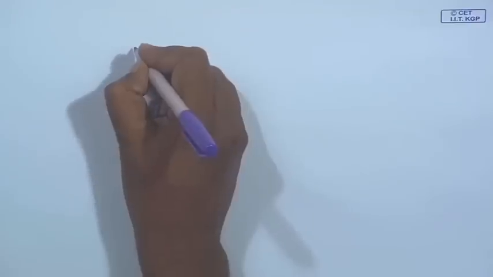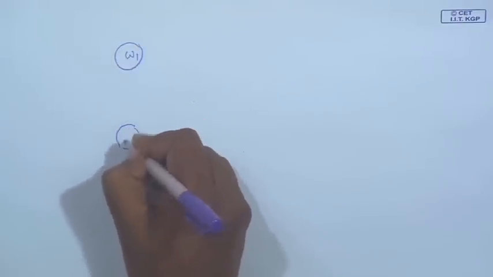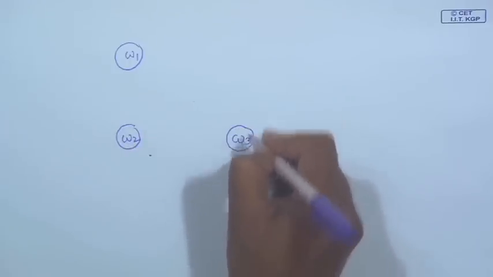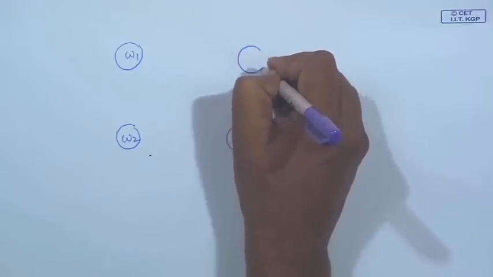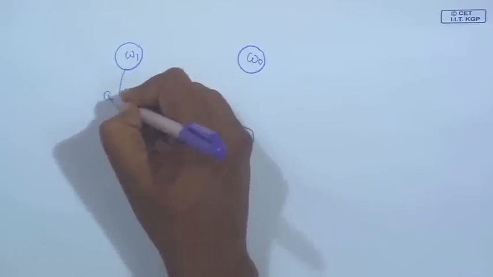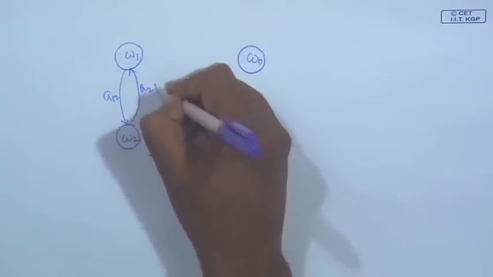By incorporating that accepting state into our hidden Markov model, I can redraw this hidden Markov model something like this. So I have this omega 1, say omega 2, omega 3, and this is the accepting state which is omega 0. From omega 1 to omega 2 I have transition A12, omega 2 to omega 1 it is A21.